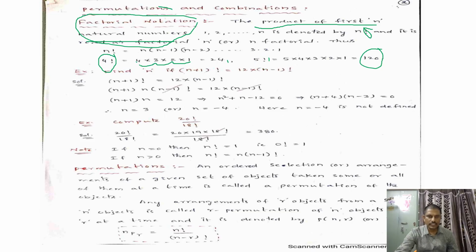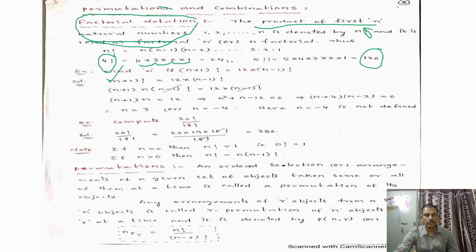Find n, if n plus 1 factorial is equal to 12 into n minus 1 factorial. Right? So we see it clearly now. So what is given? n plus 1 factorial is equal to 12 into n minus 1 factorial.